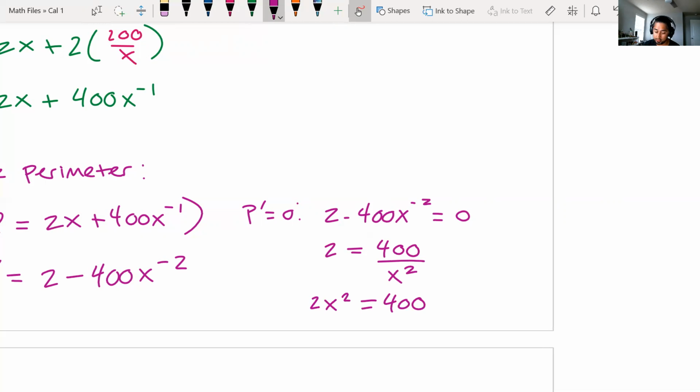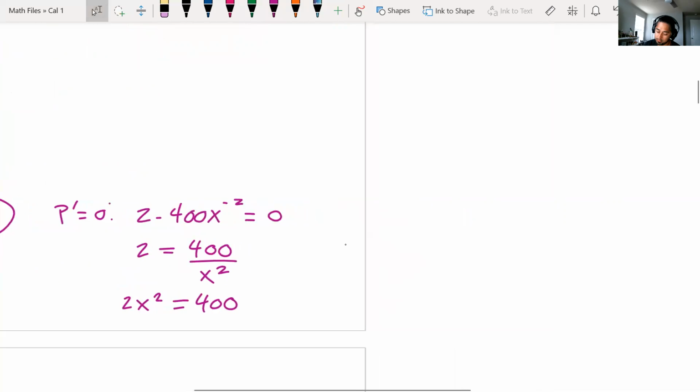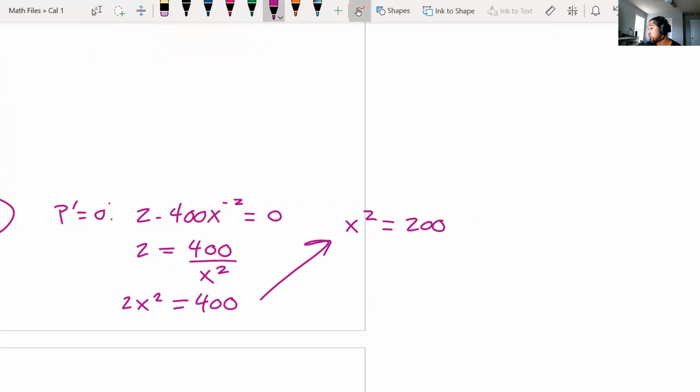And then divide by 2, and x squared equals 200. Then square root both sides. And x is going to equal plus or minus the square root of 200, which is 10 square root of 2, or 14.14.